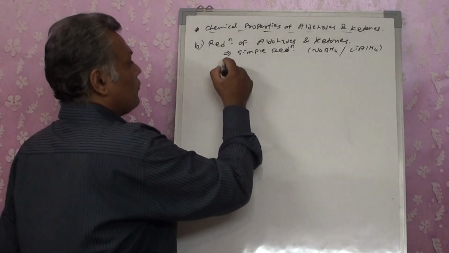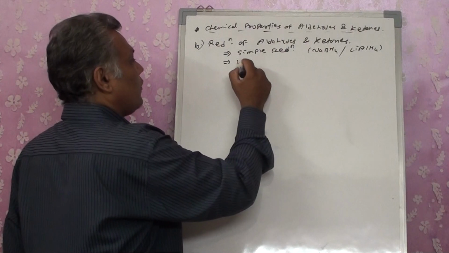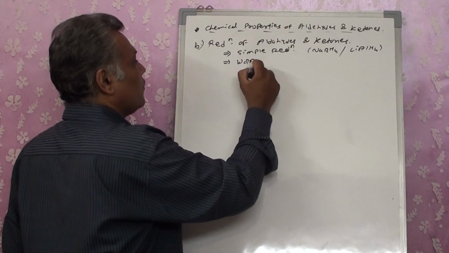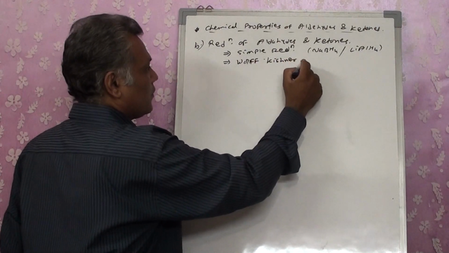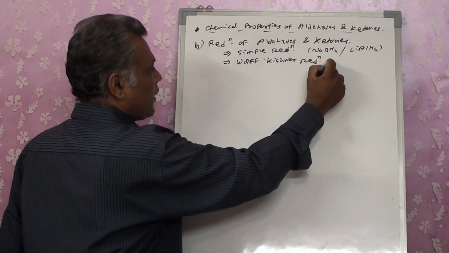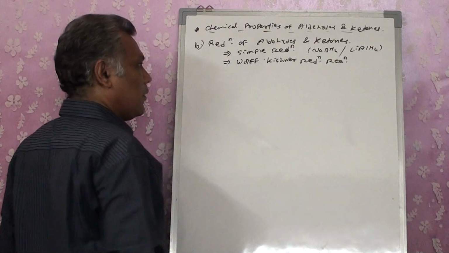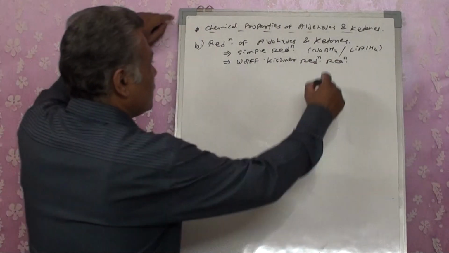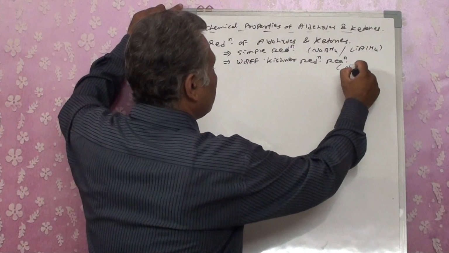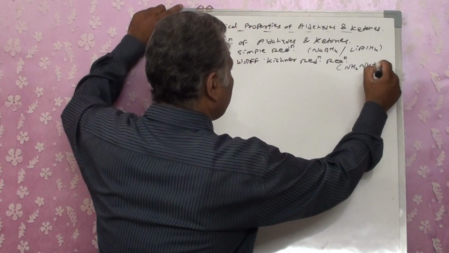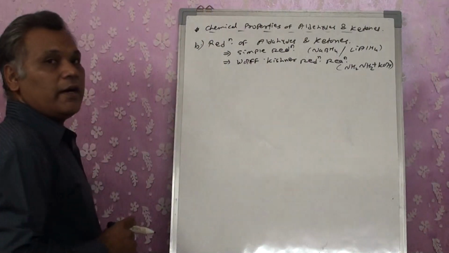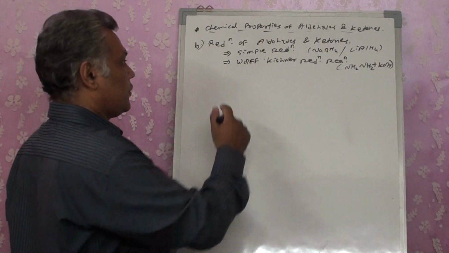In place of that, we also have the Wolff-Kishner reduction reaction. For this particular reaction, we use NH2NH2 and KOH, hydrazine plus KOH.